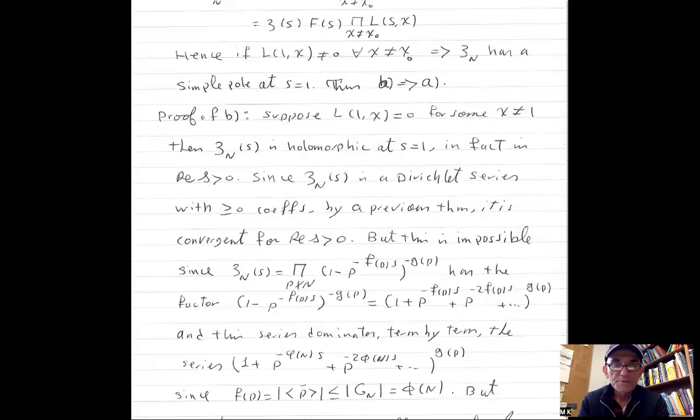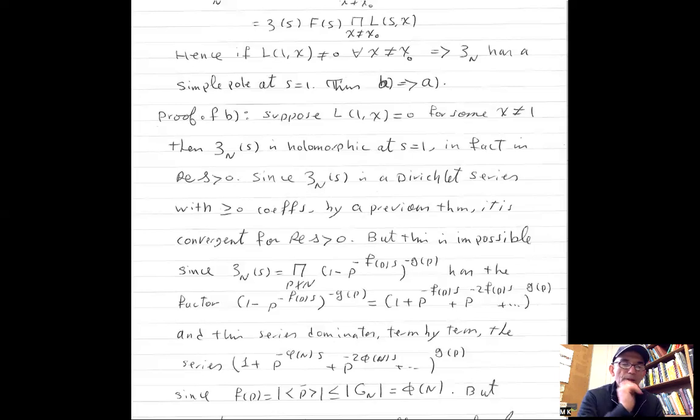Specifically, zeta n of s is the product over primes p not dividing n of 1 minus p to the power minus f_p s, to the power minus g_p. Again, using geometric series, we can write this factor as 1 plus p to the power minus f_p s plus p to the power minus 2 f_p s, and so on, to the power of g_p.